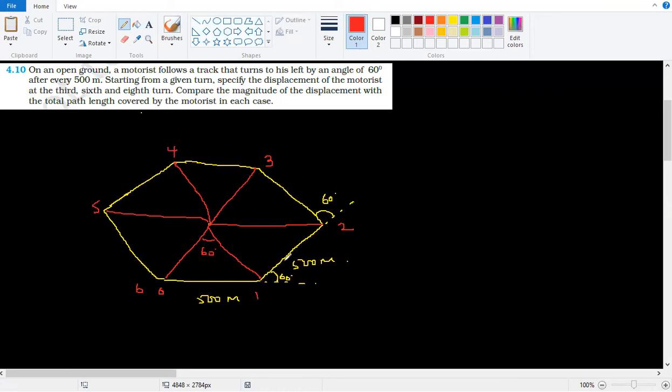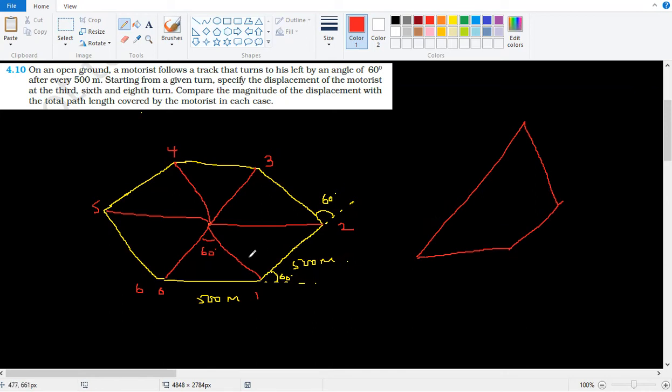First, second, third. This is the displacement they are asking you to find. If I draw this properly, it will go something like this. This is the path taken, this is the displacement.